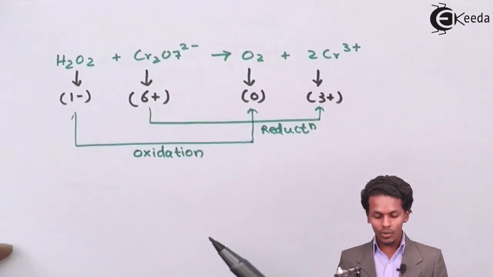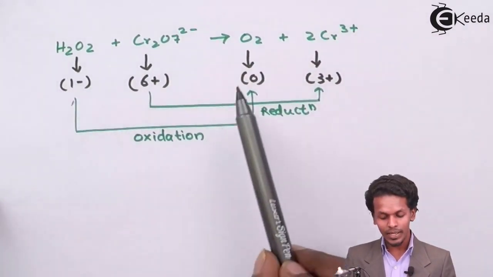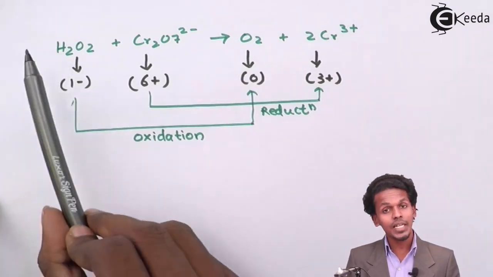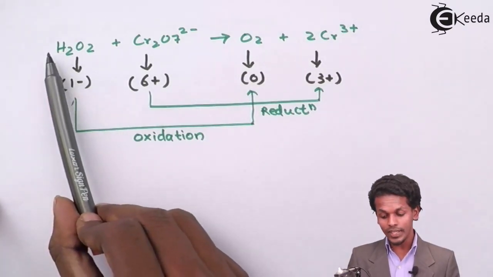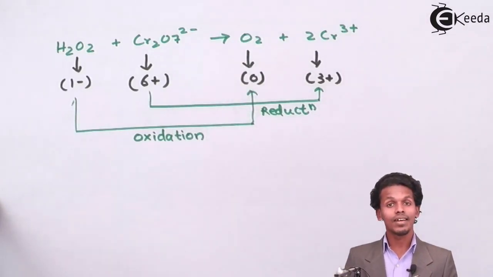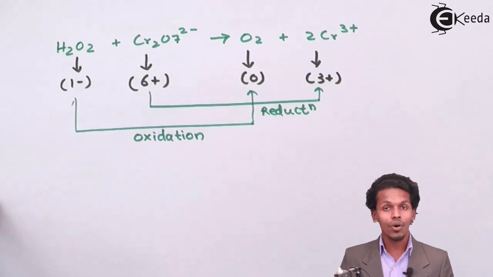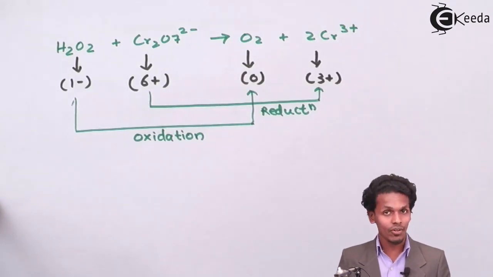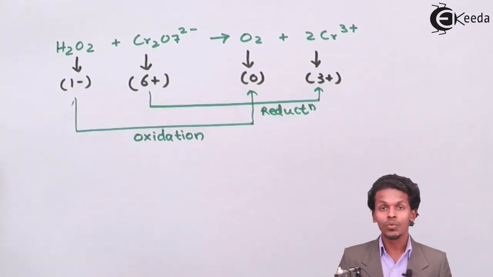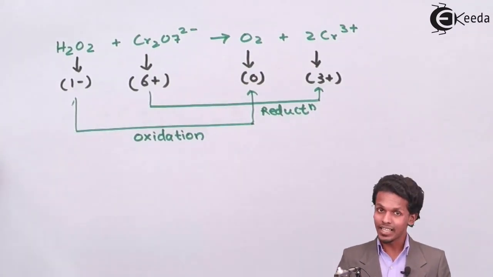So wherever I can see the oxidation process, I should multiply it by 3. So 3 should be multiplied here. If 3 is multiplying here, then on the product side also the 3 will be multiplied. So the overall reaction that we get by balancing the electrons, I will refer to as the new balanced equation.